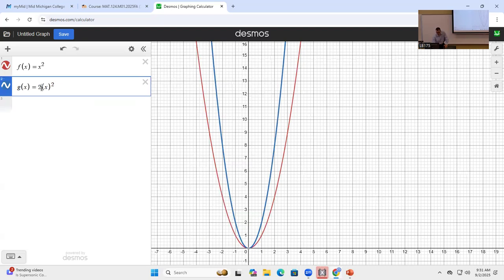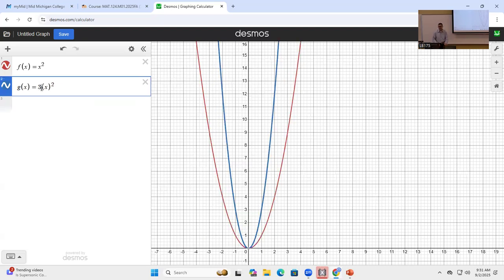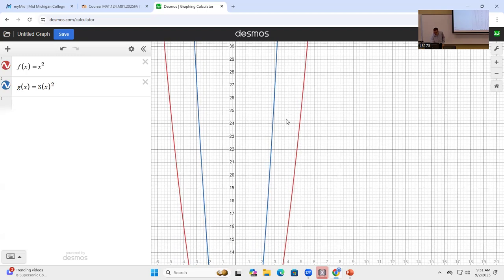Now, if they got tripled, I put a 3 in front of that, and every y value gets stretched out by a factor of 3. So that (3, 9) would now become (3, 27). And if I scrolled up far enough, you'd see that it stretched out goes through (3, 27).